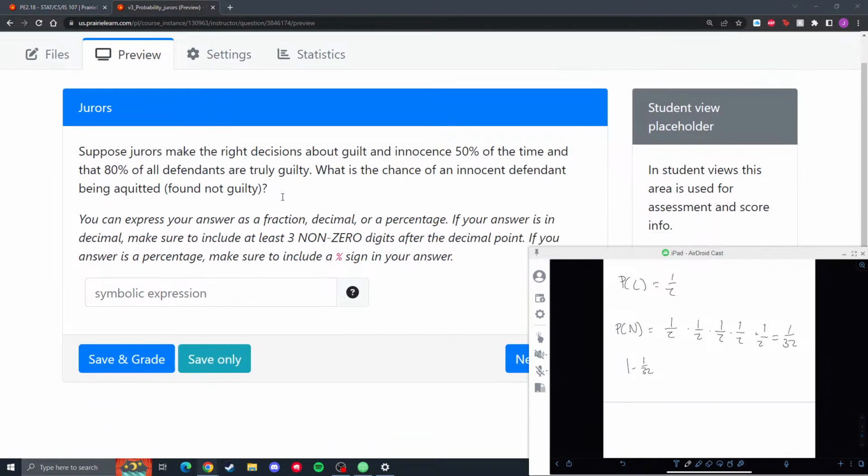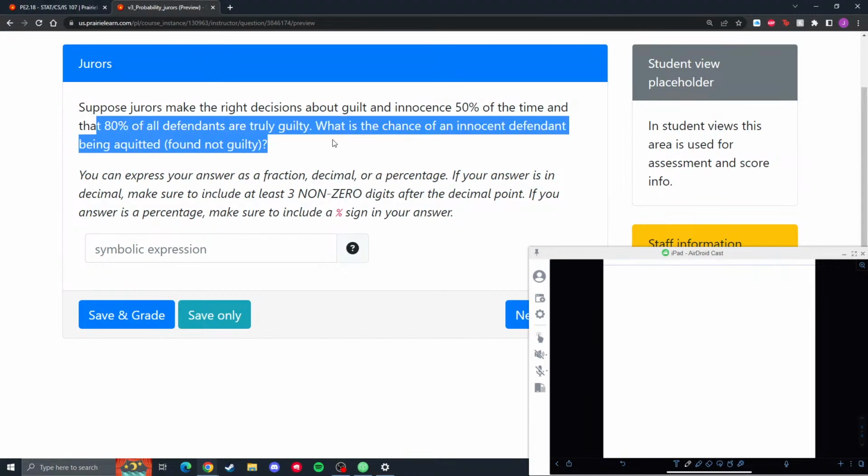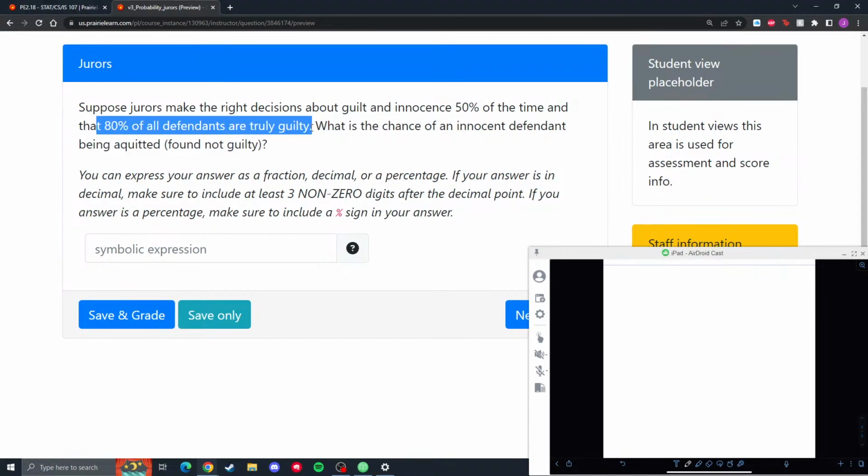All right, so suppose jurors make the right decisions about guilt and innocence 50% of the time, and that 80% of all defendants are truly guilty. So we're going to start with this second line: 80% of all defendants are truly guilty. So we'll start with our 100 people again.